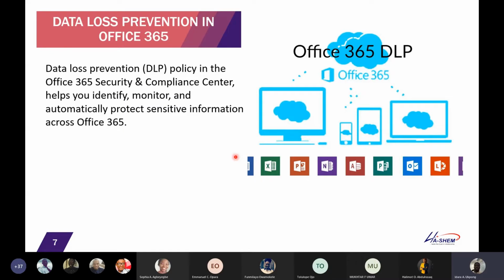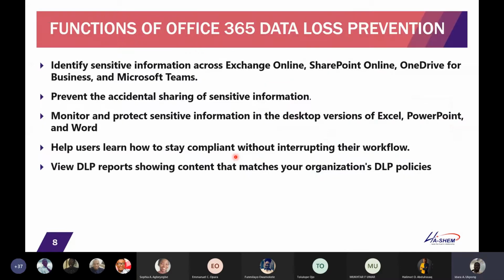Now, Office 365 DLP does not help us achieve some of the things I spoke about earlier, which is preventing you from copying this information via desktop, via your USB, or sharing via Bluetooth. But it provides more security for collaboration tools like our Exchange, SharePoint, Teams, and all of these solutions.